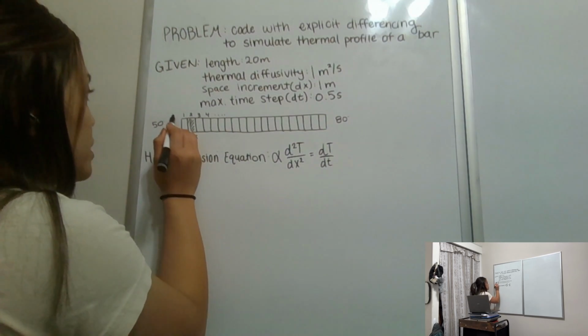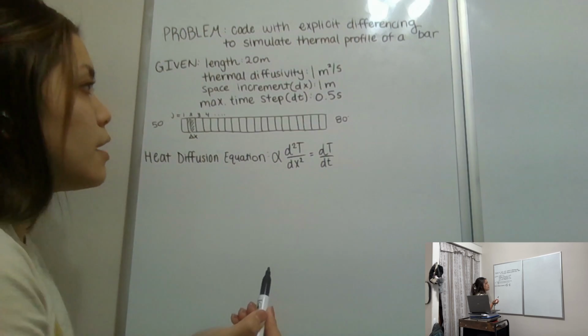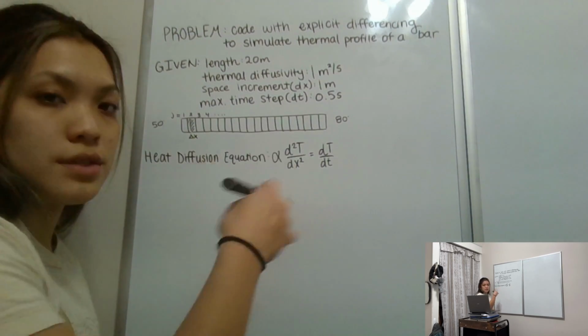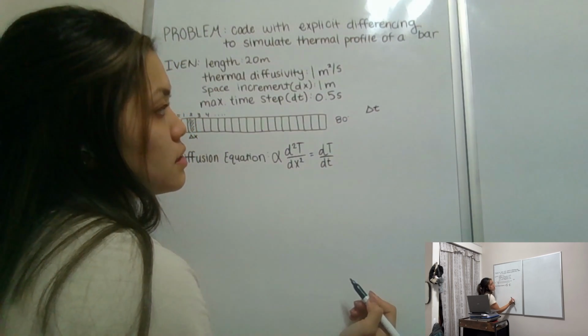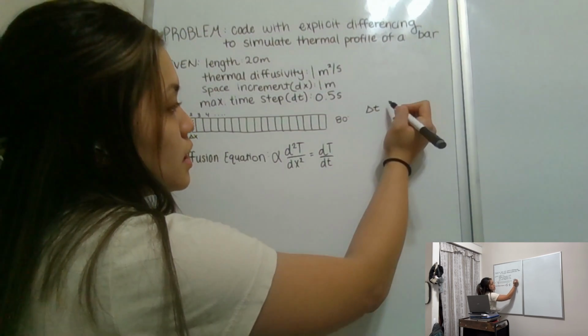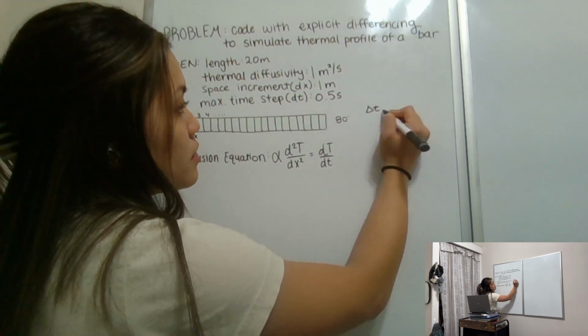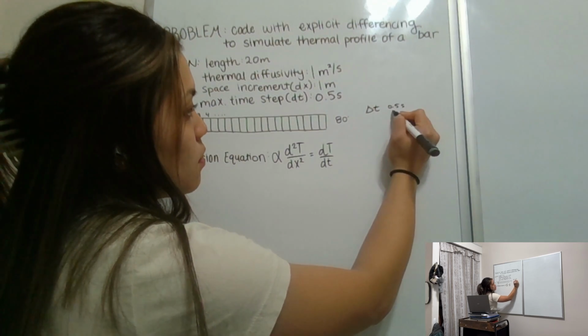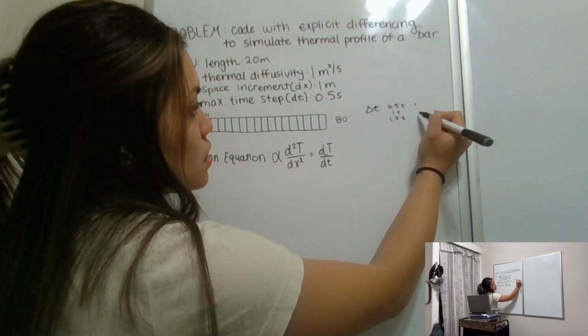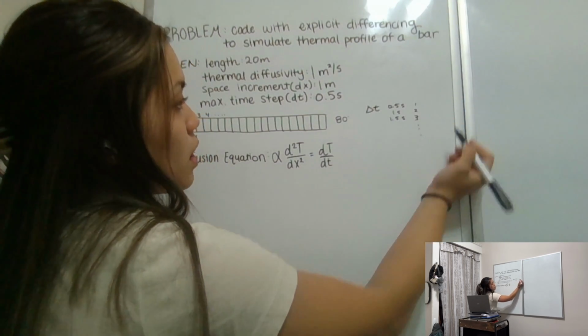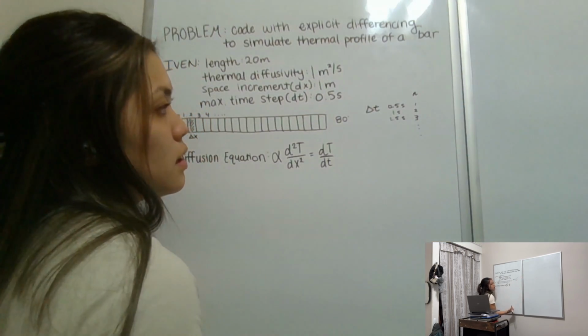If we were to count each increment, we can give the counter a variable, so let's call this j. As time goes on, we'll also have a change in time, and we can give each time increment a counter as well: 0.5 seconds, then 1 second, 1.5 seconds, and we can label that counter n.